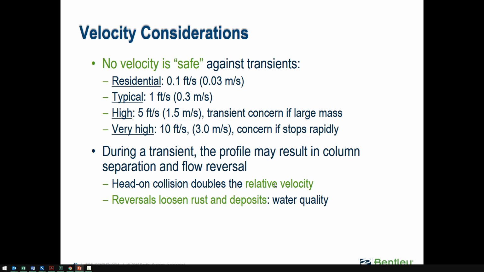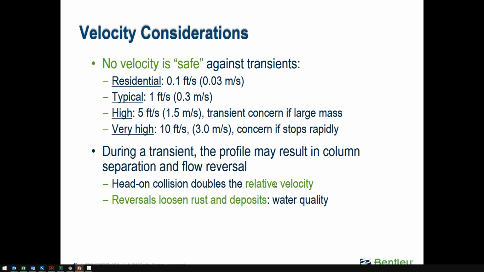But even low velocities may not necessarily be safe because of lots of different complicated factors. You could have a change in velocity in a different part of the system that then reflects and propagates down the pipe, and maybe it reaches a section where the velocity is not as fast.